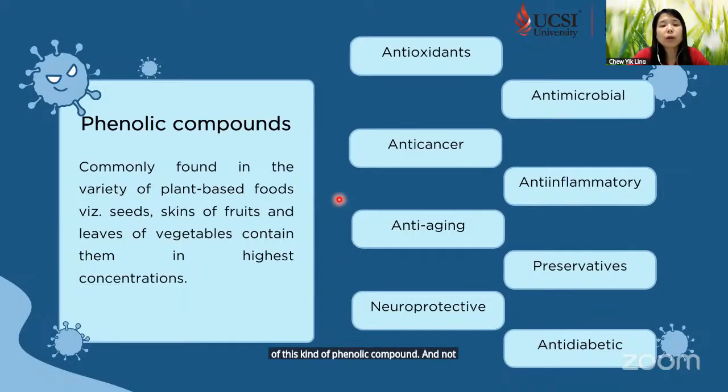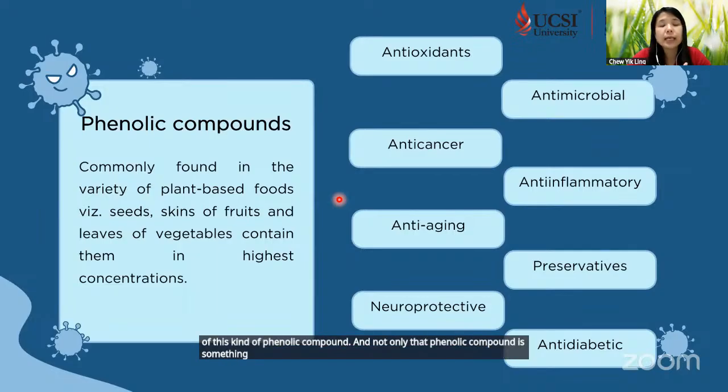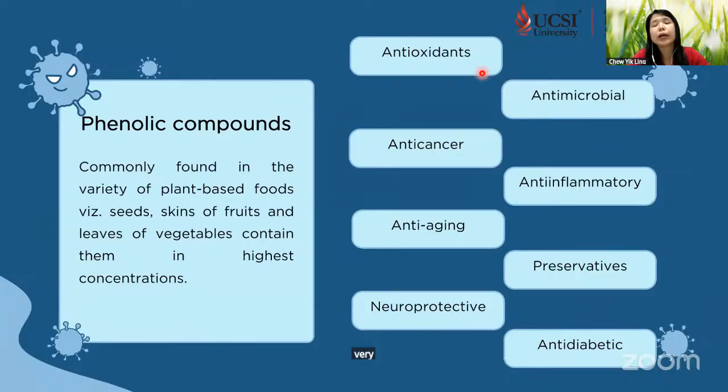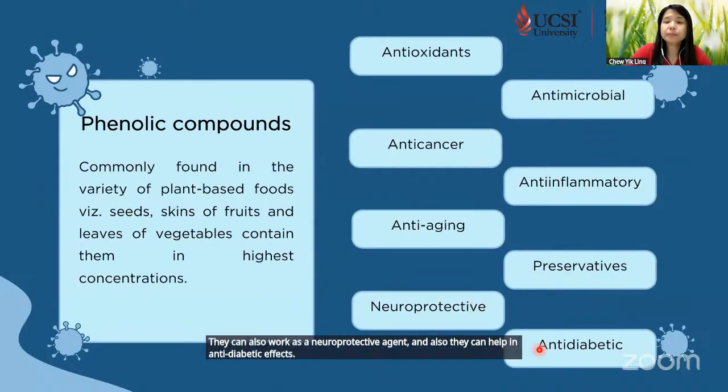Not only that, phenolic compounds exist in our food, they also have many very useful biological activities, including antioxidant, antimicrobial, anti-cancer, anti-inflammatory, anti-aging, and they can also work as a preservative. They can also work as a neuroprotective agent, and also help in anti-diabetic.